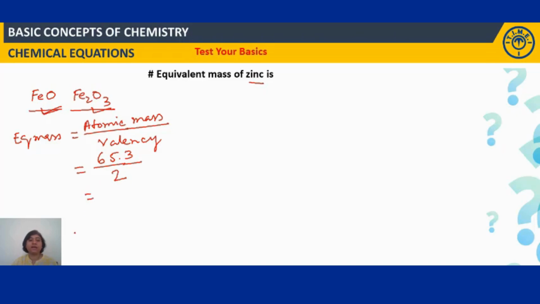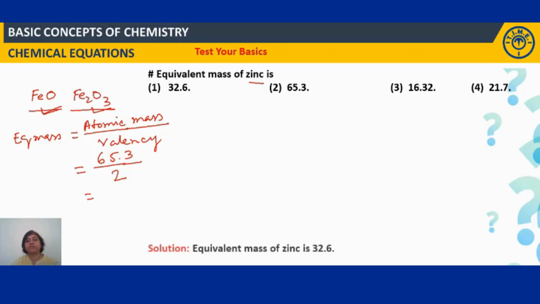So you calculate and you will get the answer. Let's see the options first. 32.5, 65.3, 16.32, 21.7. So I think you are ready with your answer. It is choice 1, right? Okay, so 32.6. Now we will move on to the next question.